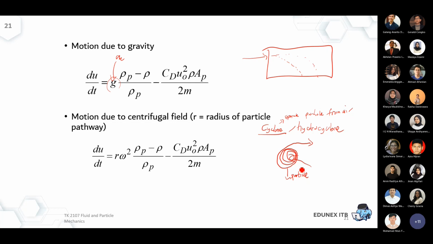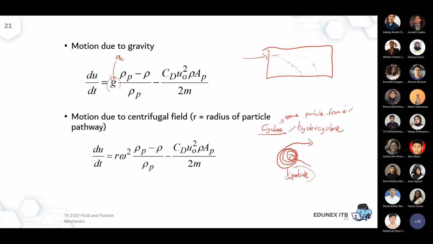And hopefully, if the cyclone is sized properly, the particle will drop into the bottom part of the cyclone, while the air will keep rotating until it exits the cyclone. So in this case, we have to select the correct RPM, the correct radius of the impeller, in order to separate the particle with a specified diameter and so on.